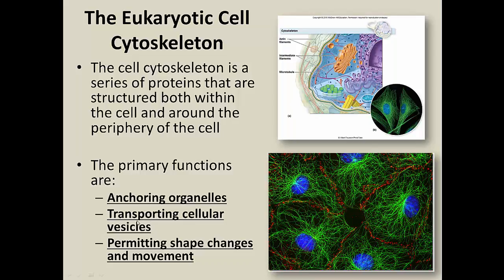This one's a little harder to analogize, but the vesicles within the cell can actually be transported along these cytoskeletal features, and they can also allow the cell to change shape and to actually move around. That's another one that's hard to analogize, but the whole cell can actually be moved by moving these cytoskeletal features.